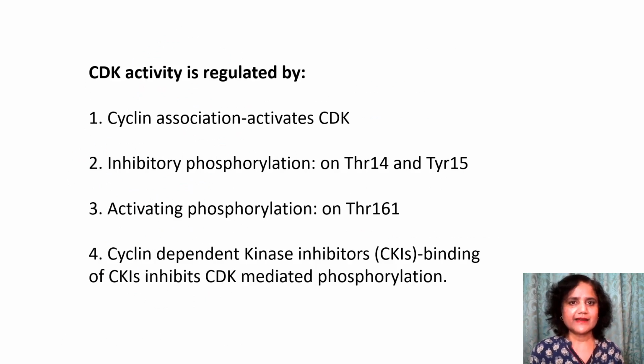The cyclin-dependent kinase is an important regulator of the cell cycle, and its activity is highly regulated at multiple levels. Firstly, it is regulated by association with cyclin. Association with cyclin activates the cyclin-dependent kinase. Secondly, it's also regulated by phosphorylation, and there are two types of phosphorylation on the CDK. One is the inhibitory phosphorylation, which occurs on tyrosine 15 and threonine 14 nearby.